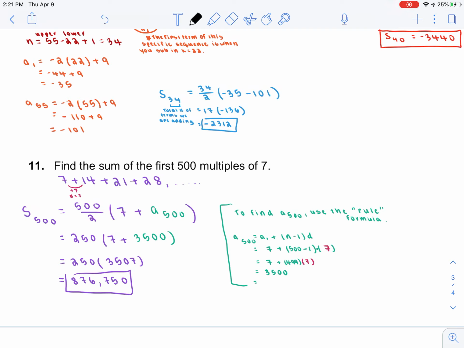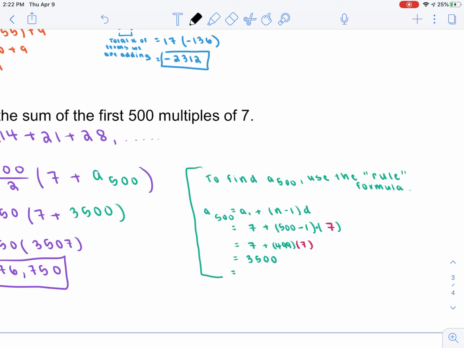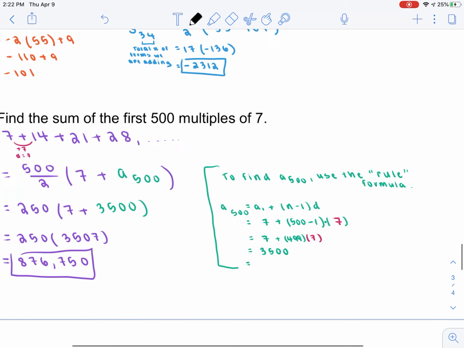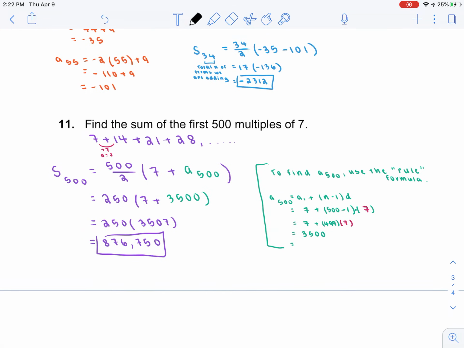And if you want the first 500 multiples, that's the first 500 terms. So your n value becomes 500. The first term was 7. And then if you want to find that last term, you have to create that rule formula and then find what the 500th term is by subbing into that first formula that we found. That will get you that final answer.